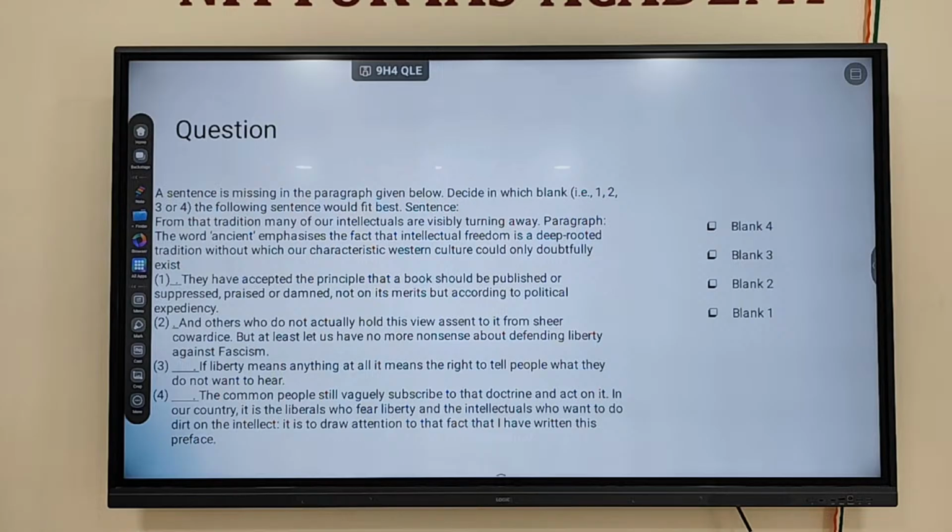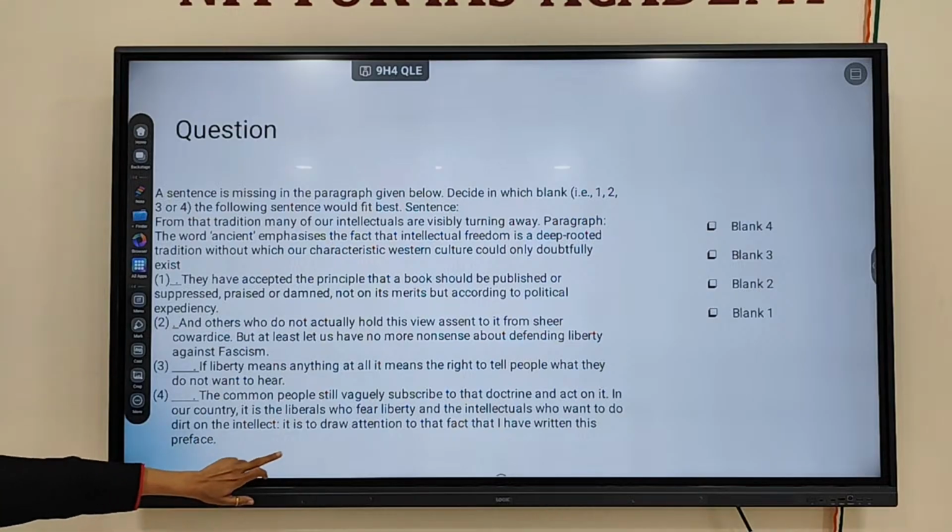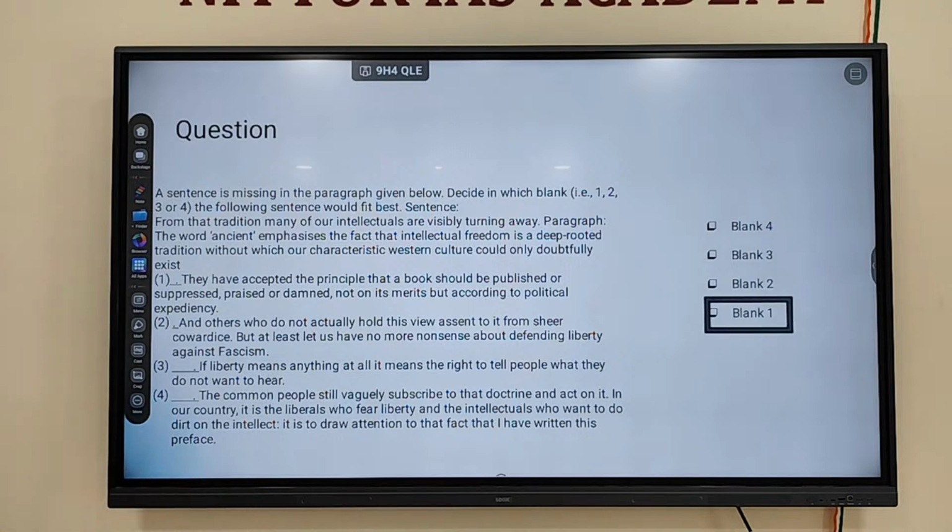Well, here I don't think it's about liberty, is it? It's not about liberty, right? It is about the writing and how intellectual freedom has been deeply rooted in the tradition, without which the characteristic culture would not exist.